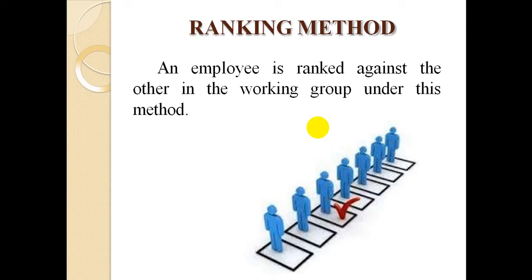It is the very simplest and easiest method of performance appraisal. Here the employees' performance is evaluated and they are ranked based on their levels of performance. The best performer is assigned the first rank and the worst performer is assigned the last rank.